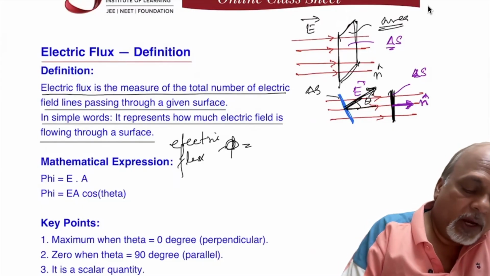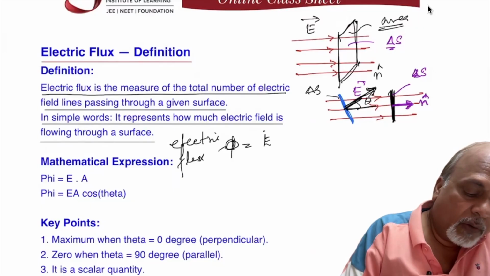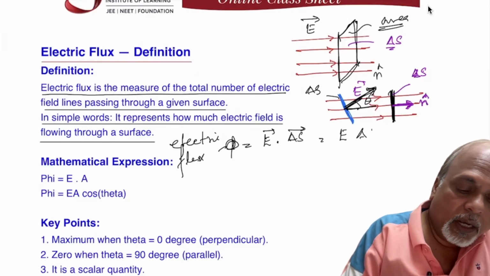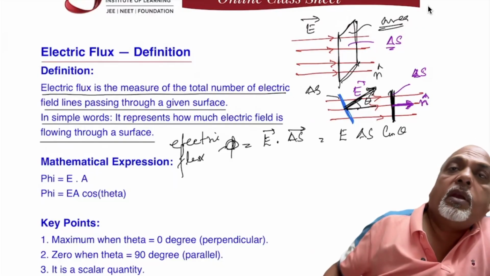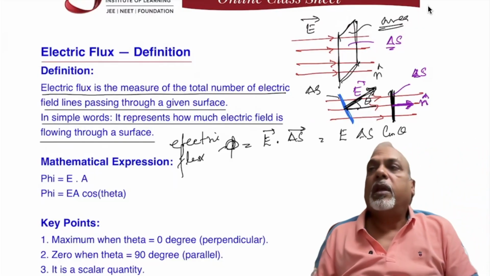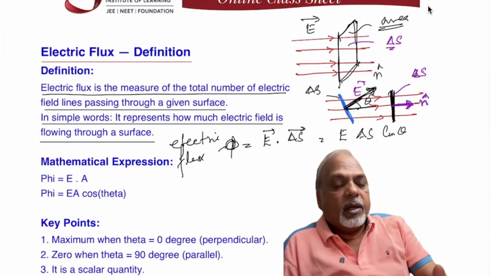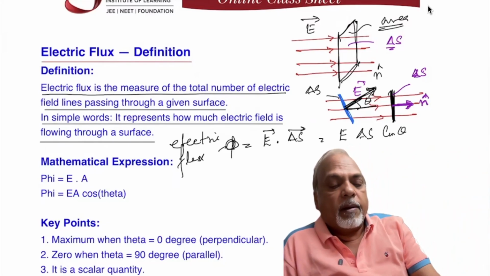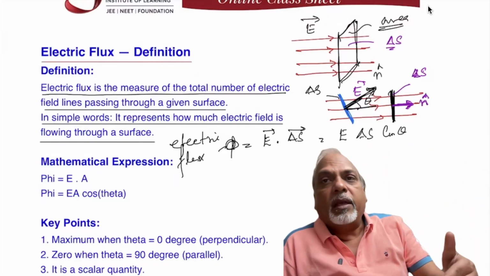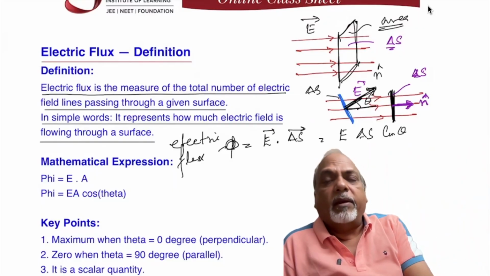This is defined as the dot product of E and delta S, or E delta S cos theta, where theta is the angle between the normal and the electric field line.